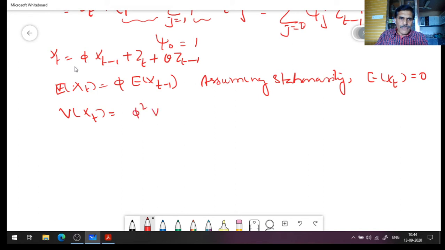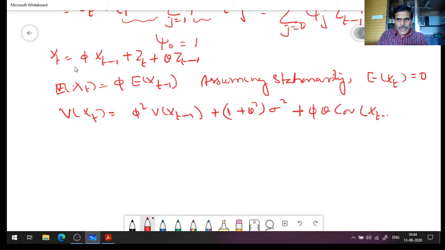phi square variance of xt minus 1 plus theta square into sigma square, and covariance between this is 0, and then you also have a covariance between phi theta and covariance between xt minus 1 and zt minus 1. So this gives me the variance of xt. So variance of xt is equal to variance of xt minus 1.